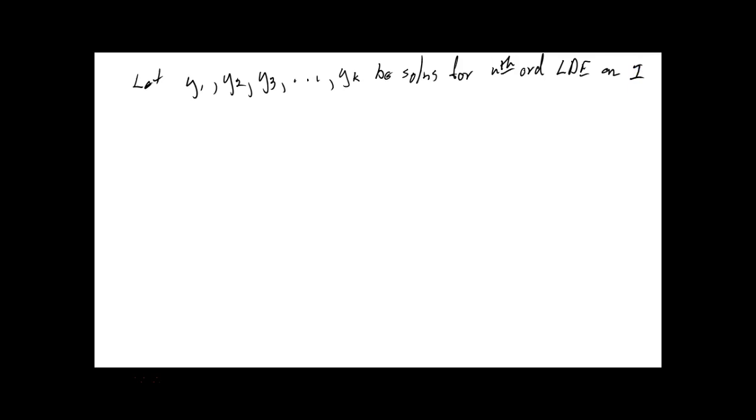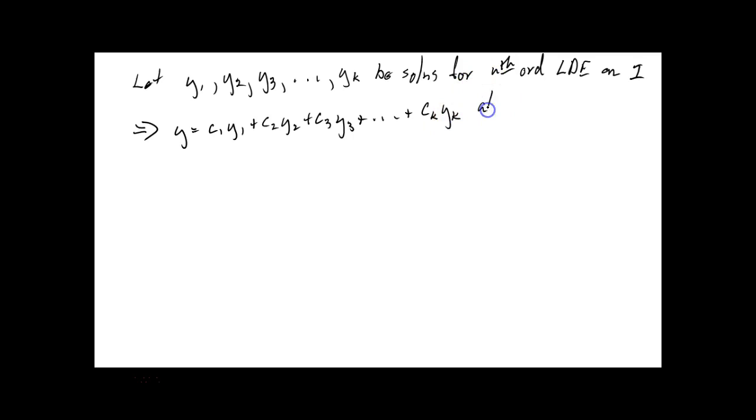Now, here's the conclusion. If all these are k of the infinite number of solutions, here's another solution. Y is equal to C1 Y1 plus C2 Y2 plus C3 Y3 plus dot, dot, dot plus C sub k, Y sub k.